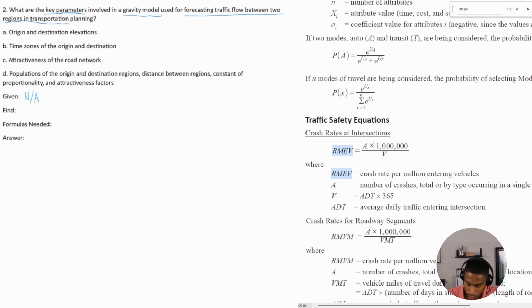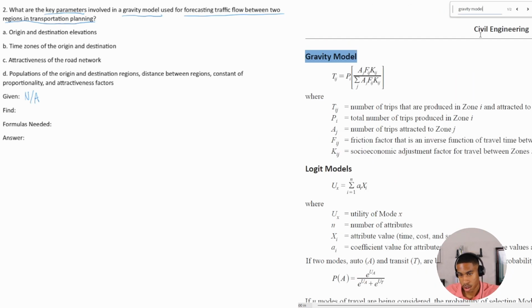So first place I would start is at the gravity model. So I'll just do a quick search. Okay. And from there, I'll look at my answer choices and say, okay, I'm looking for key parameters involved that are really going to affect or impact traffic flow between the regions, right?